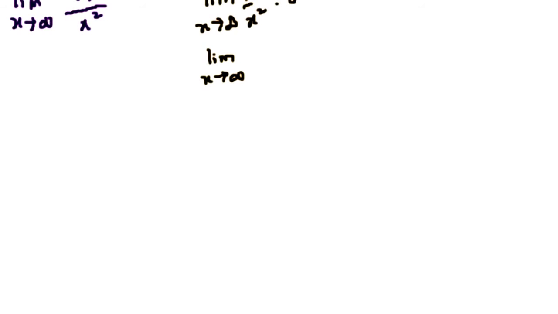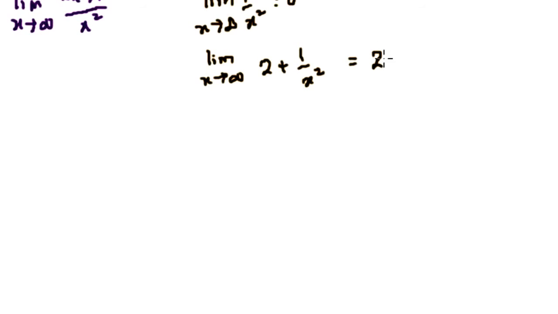So 2x to the power of 2 over x to the power of 2, you will get 2, correct? Plus 1 over x to the power of 2. So the answer would be, when x approaching infinity, 1 over x to the power of 2 is 0, so this will be 0. Write down 2 because there is no x in it.